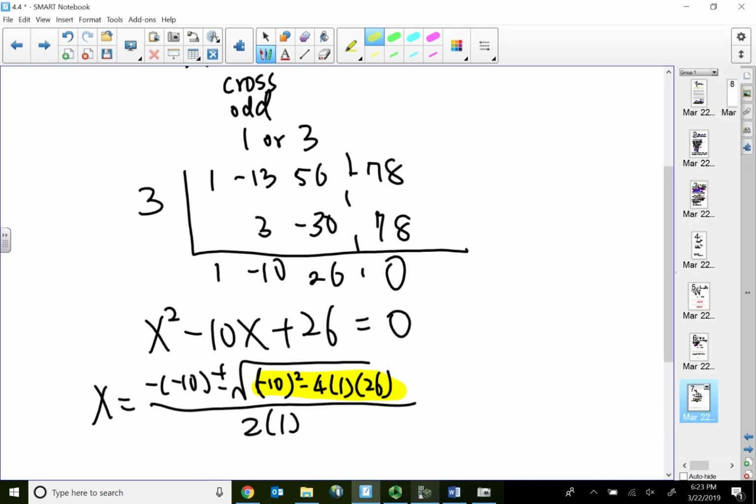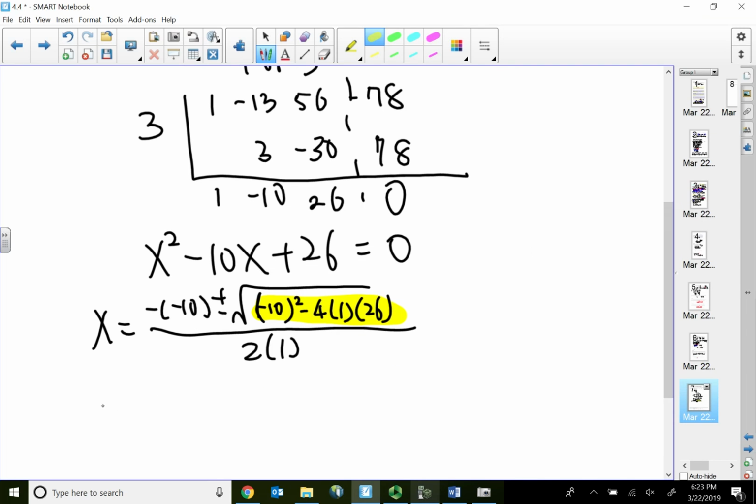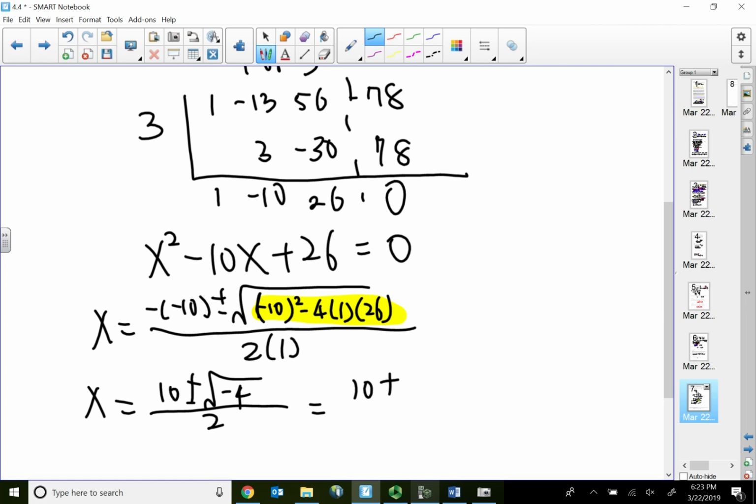That's not too bad. So x equals negative 1 times negative 10 is positive 10, plus minus the square root of negative 4, whole thing over 2. The square root of negative 4 is the same as 2i. So this is 10 plus minus 2i over 2.